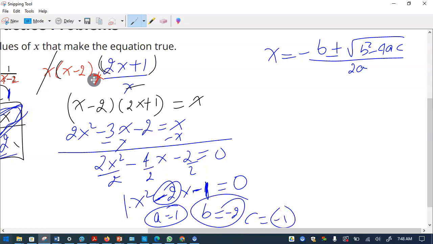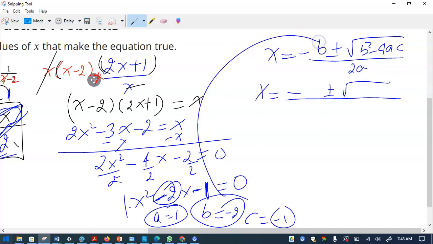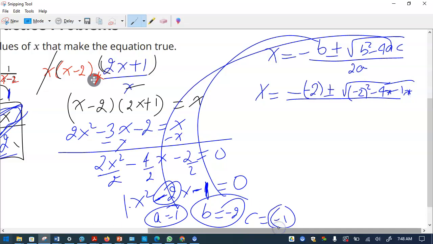So you plug in right here. x is minus b, which is minus 2, plus or minus the square root of b squared, minus 2 squared, minus 4 times a, which is 1, times c, which is minus 1, and then divided by 2 times 1.